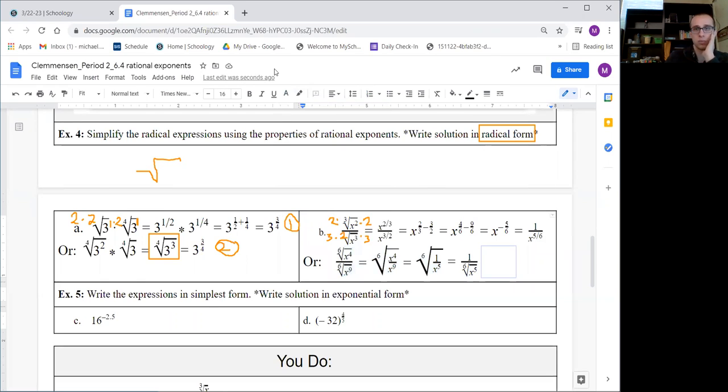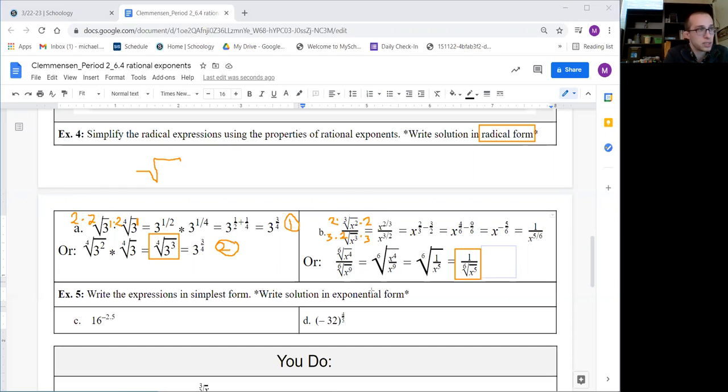Now this is a little thing I want to check with everybody. Why isn't this a correct answer? What is wrong with this answer that makes it wrong? Anybody tell me why this answer right here that we got right there is not fully correct? Perfect.